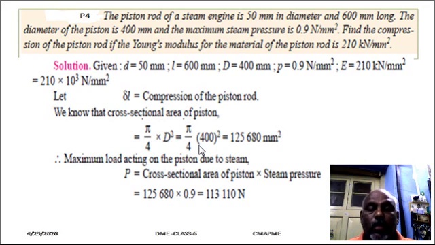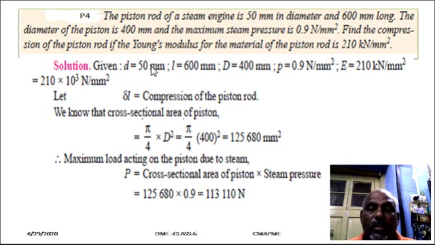First we have to write the given data to solve this problem. The diameter of the piston rod is given as 50 millimeter, the length of the piston rod is 600 millimeter, and the diameter of the piston is 400 millimeter.